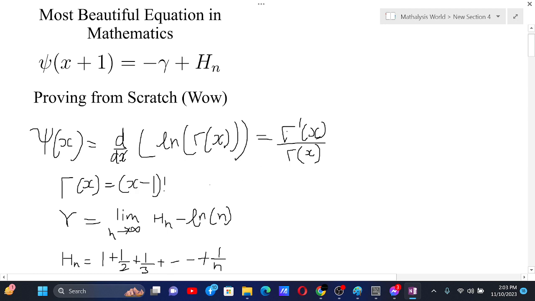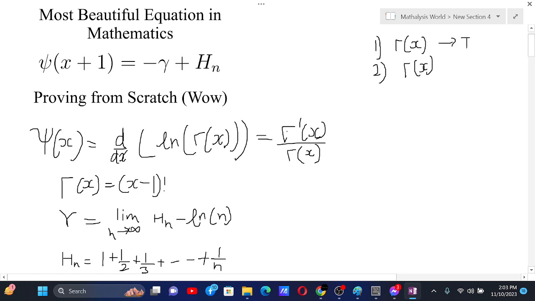Now after we know this, how do we begin proving this statement? Our steps will be: first, we will try to get an integral representation for the gamma function. After we have that, we will try to get a product representation for the gamma function.